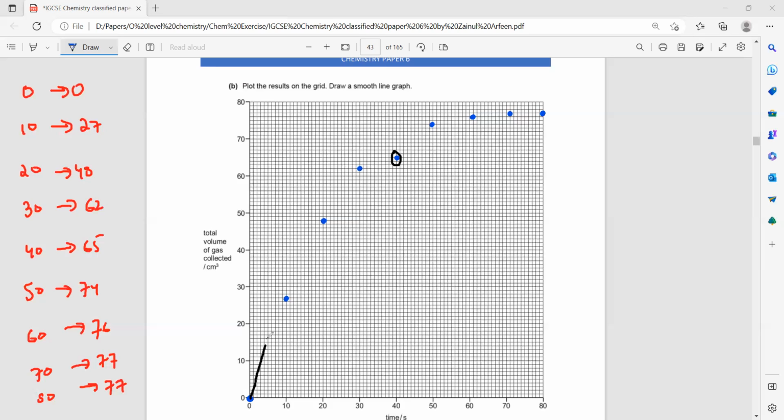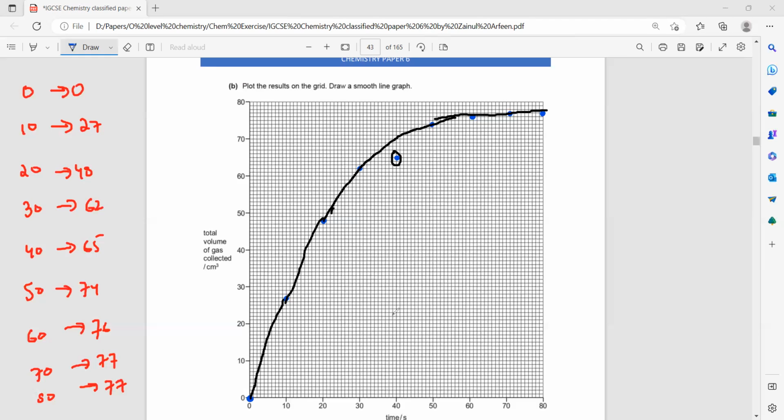So using freehand, you will draw a graph, but don't include the anomalous result as it does not appear in the sequence. So we'll ignore that and join the rest of the points.